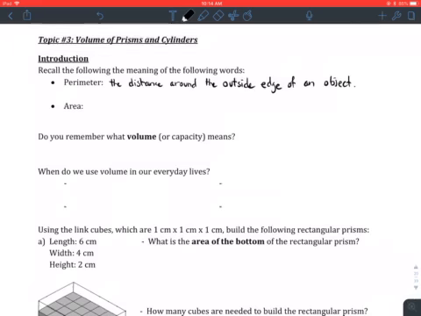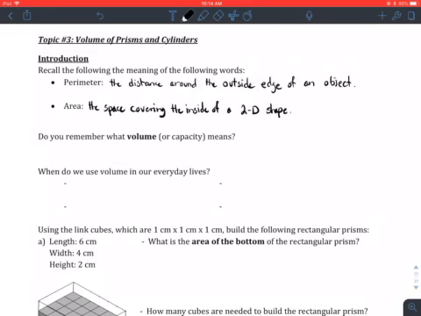Now, area is going to be the space covering the inside of a two-dimensional shape.